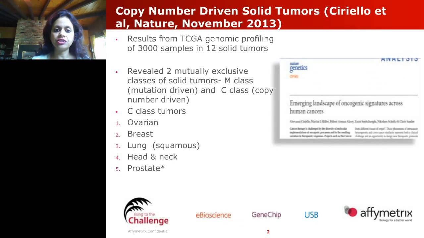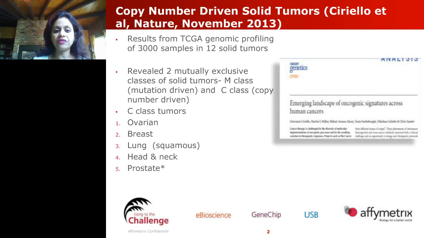First, I would like to bring to your attention a very important paper published in Nature in November 2013 by Ciriello et al. These were the results from the TCGA genomic profiling of over 3,000 samples in 12 solid tumors. These samples were profiled for mutations using NGS methods, for copy number using Affymetrix's SNP 6.0 technology, as well as for methylation patterns.